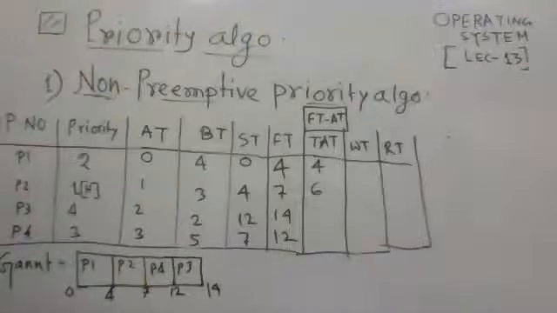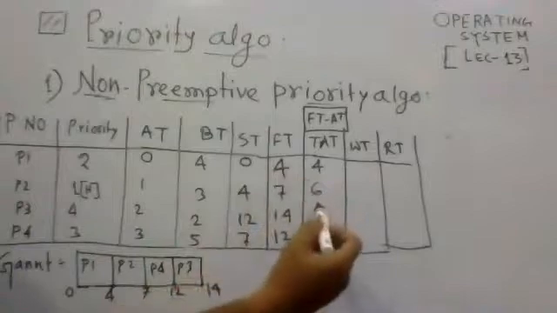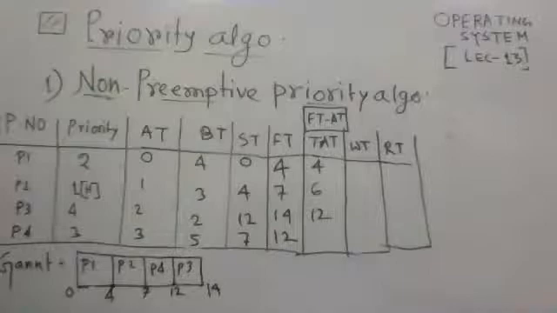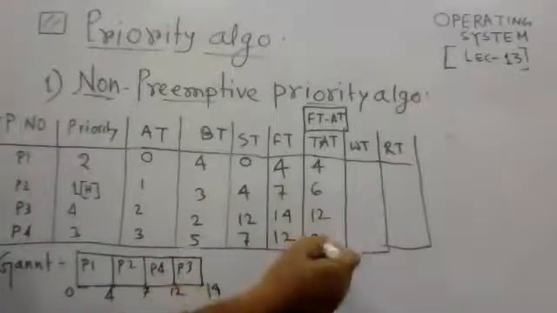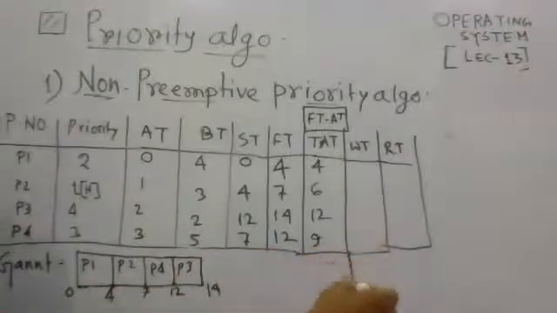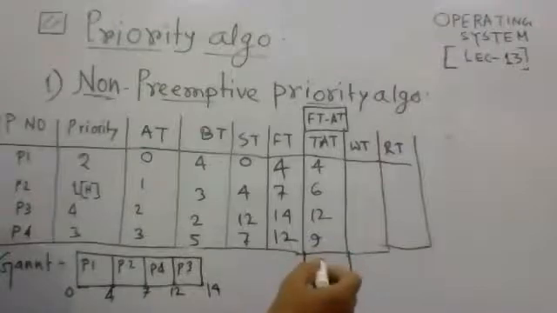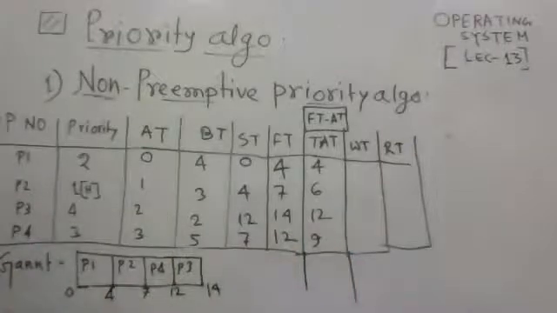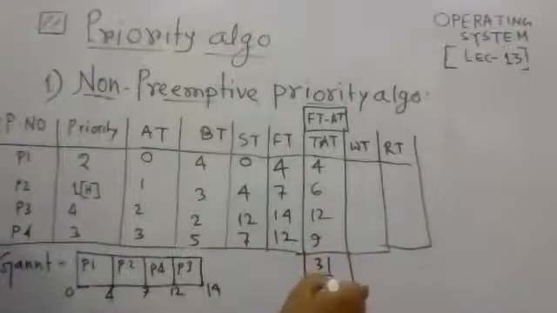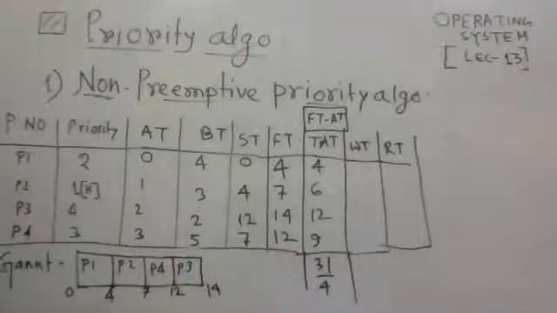In case of P3, finish time 14, arrival time 2, so turnaround time 14 minus 2, that is 12. And in case of P4, it is 12 minus 3, that is 9. And here the average value should be 12 plus 9 plus 6 plus 4, that is 31, by 4. So this is the average turnaround time.